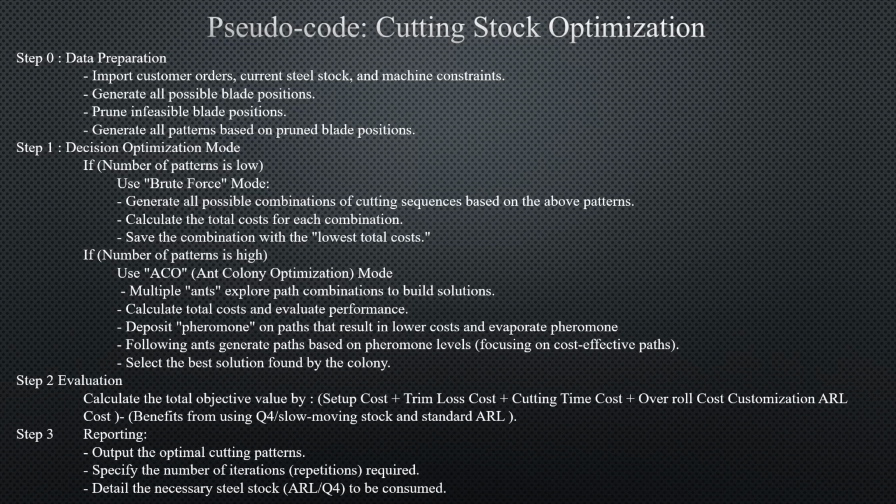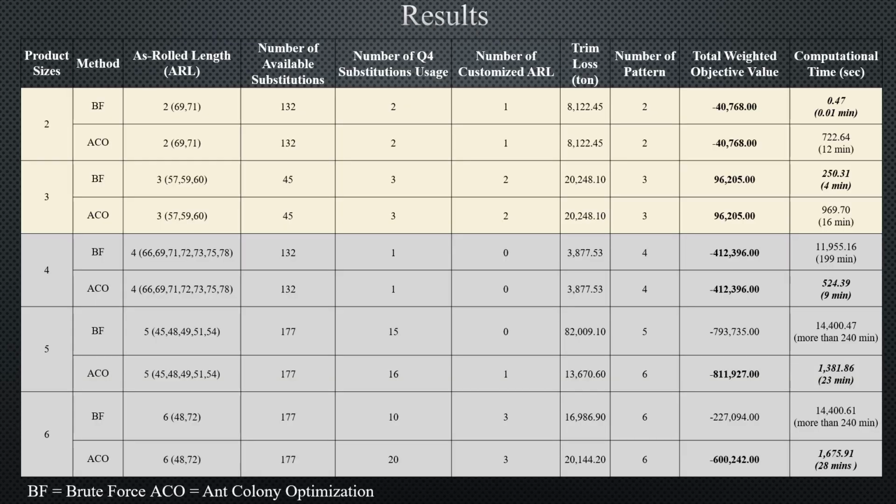The output, the optimal cutting pattern, will be generated, specifying the number of iterations or repetitions required, and detailing the necessary steel stock, ARL, or substitution to be consumed. That's it. That is the pseudocode for cutting stock optimization.